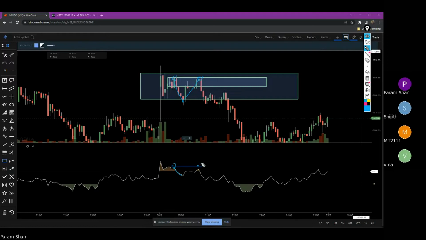But it did not come. So this is a divergence. Price is not making a higher high, but at least it tried the same resistance level. If the price came only till here and went down, then you can match it with the RSI movement. RSI already gave you a clue. We can expect a fall from the price, right?